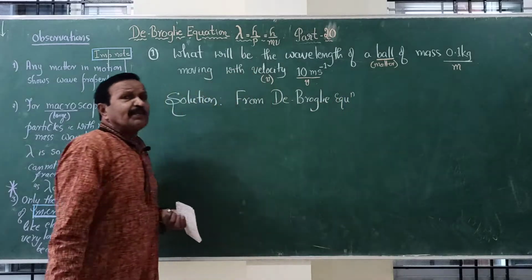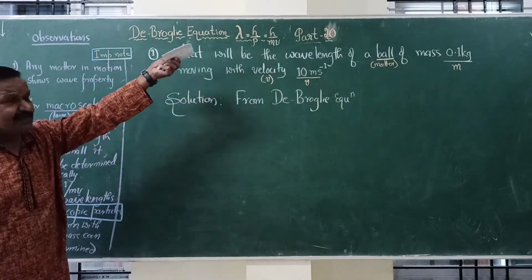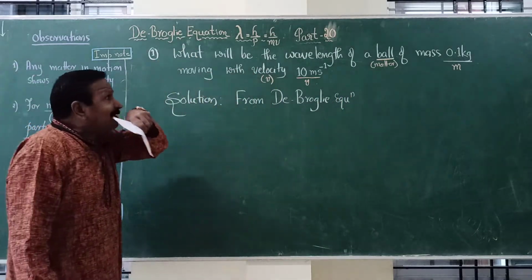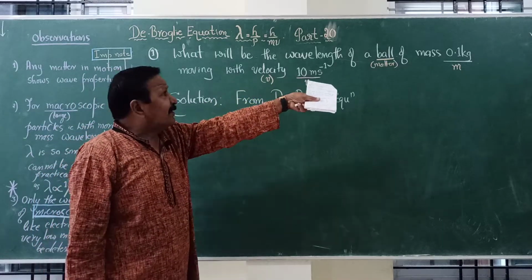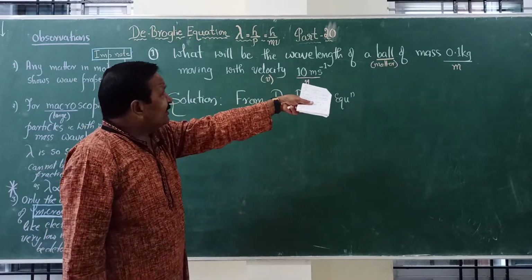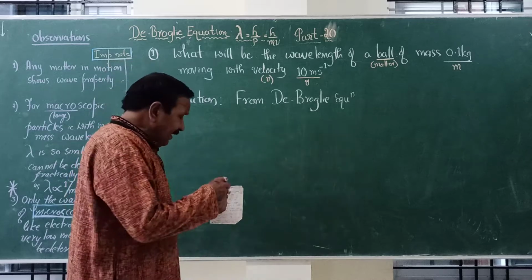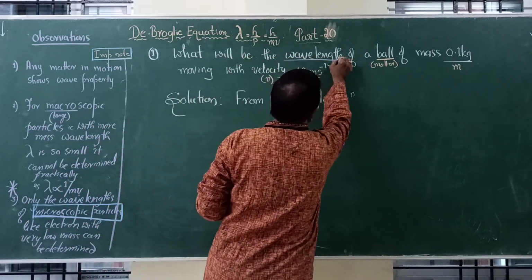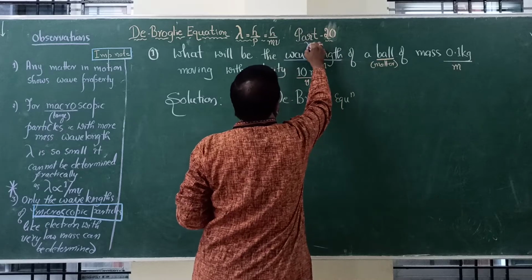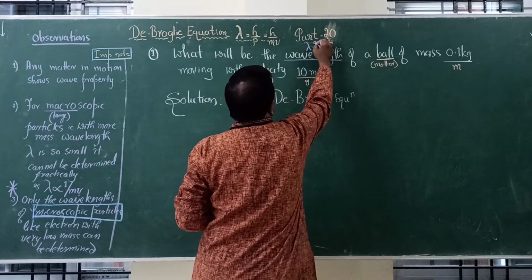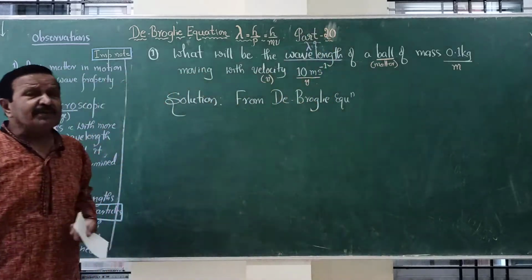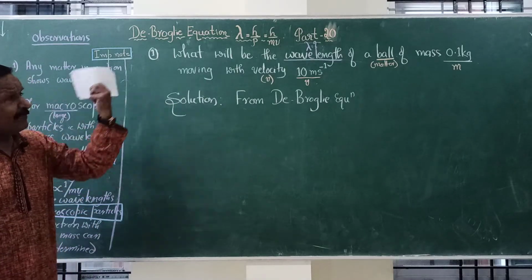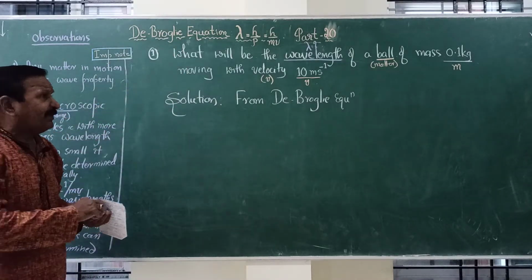which type of equation you have to select? It depends upon the problem. If you mark what things are given to you, mass is given, velocity is given, and what is asked is the wavelength. So lambda is asked, a beautiful question mark, and we are going to calculate it afterwards.